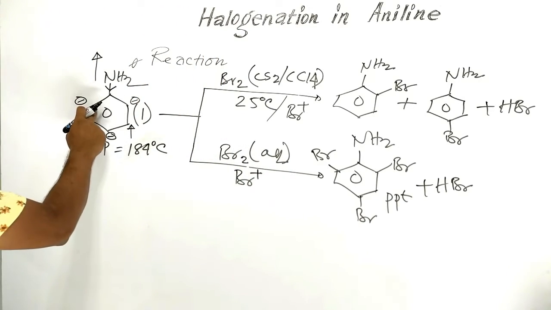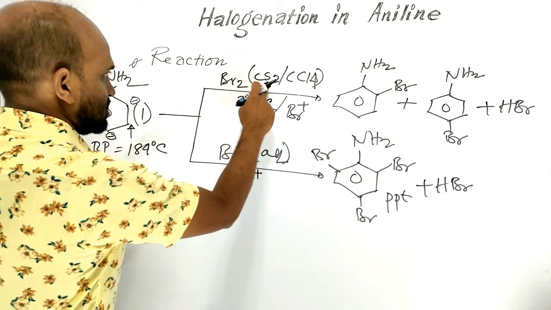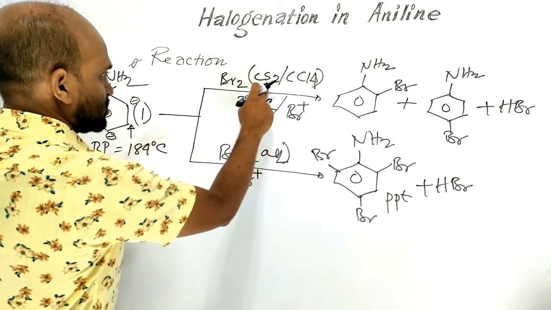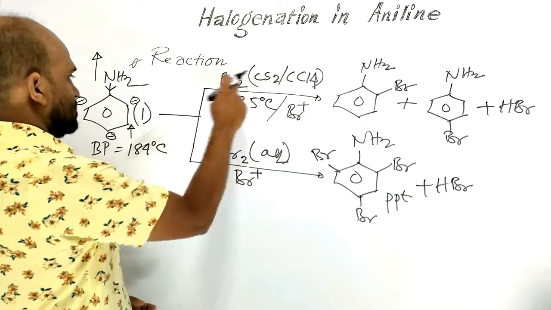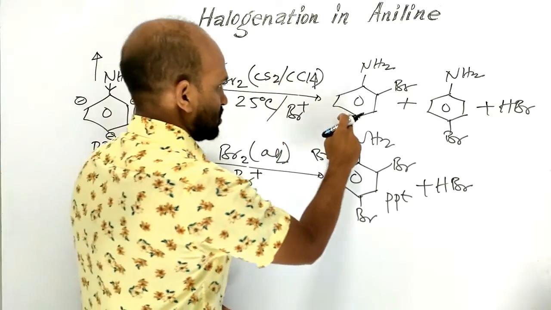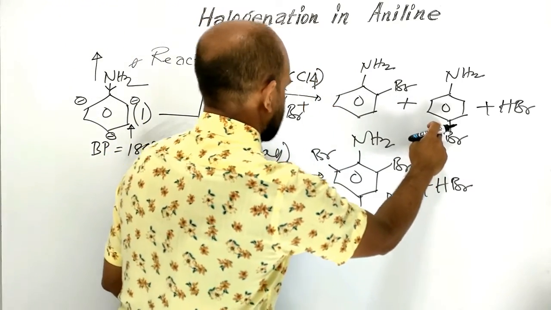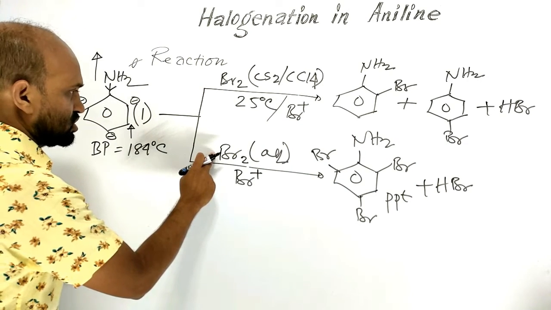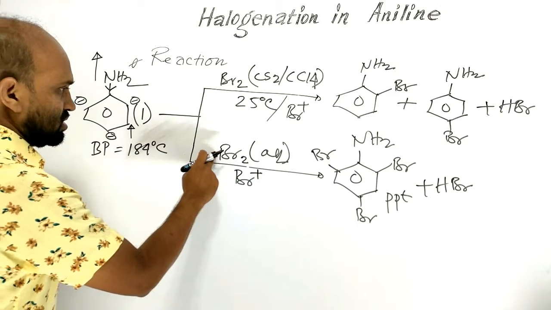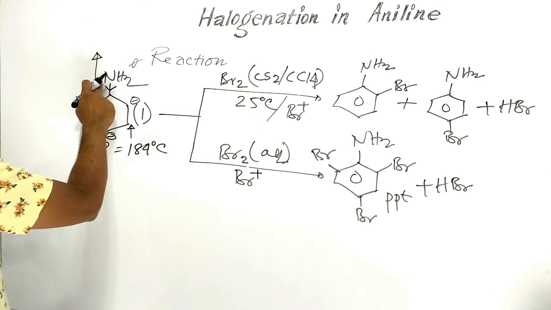Here aniline with bromine solution, where the solvent is non-polar carbon disulfide or carbon tetrachloride, forms orthobromoaniline and parabromoaniline. But when aniline is treated with an aqueous solution of bromine, then the polar solvent water increases the electron donating capacity of the amino group.